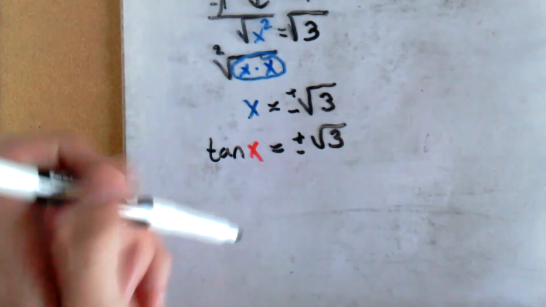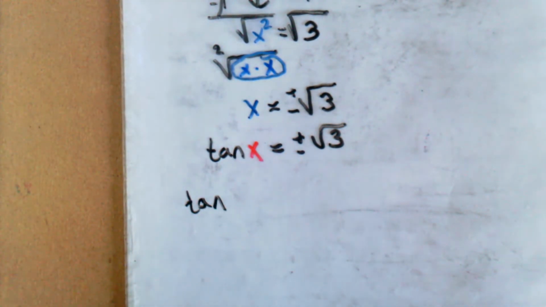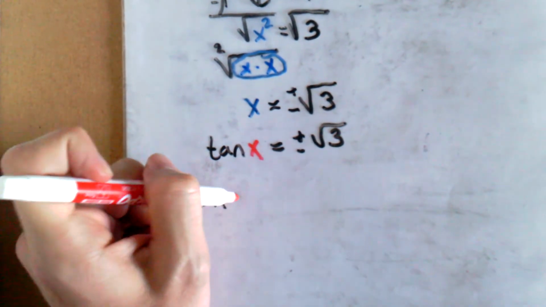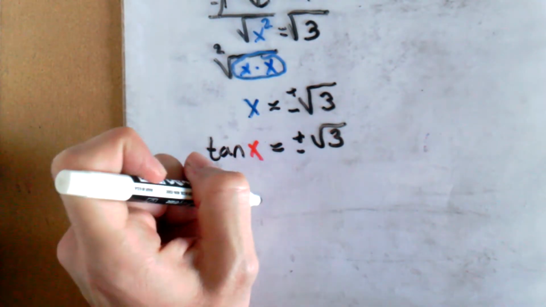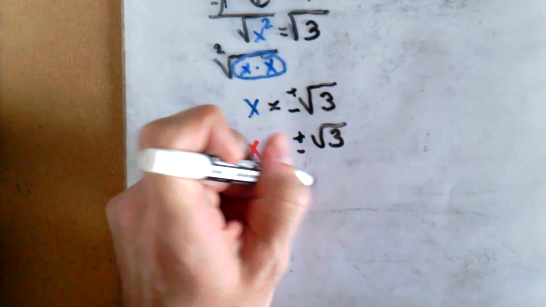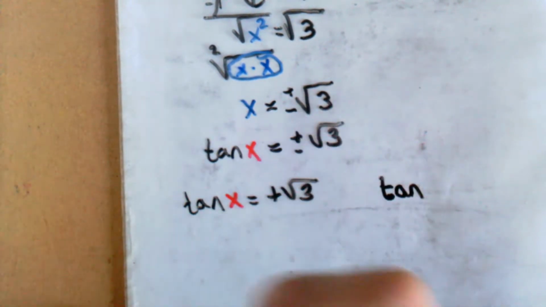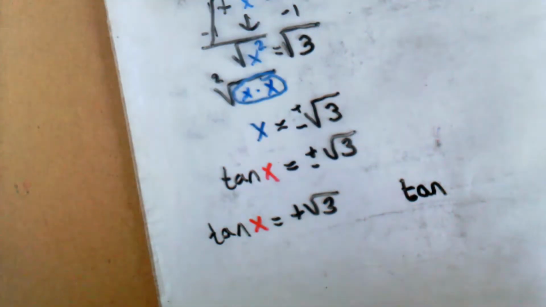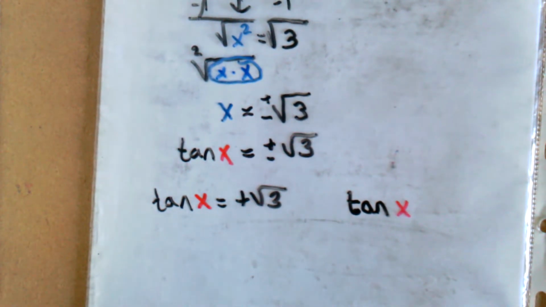In other words, we have tangent of x equal to positive square root of 3. And we have tangent of x equal to negative square root of 3.